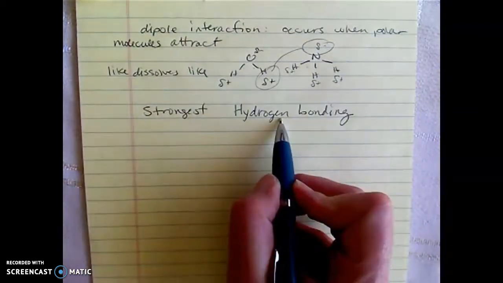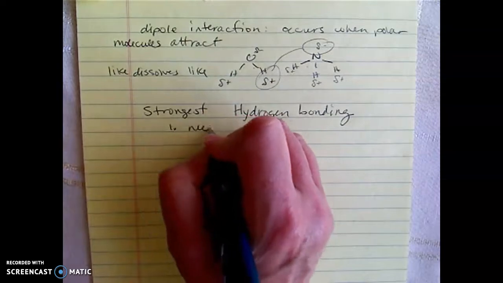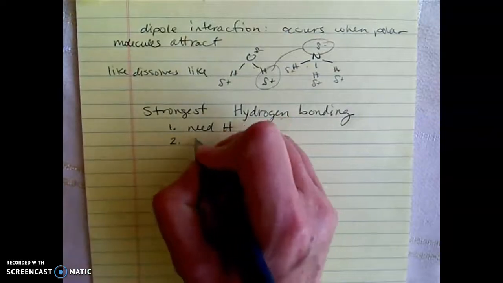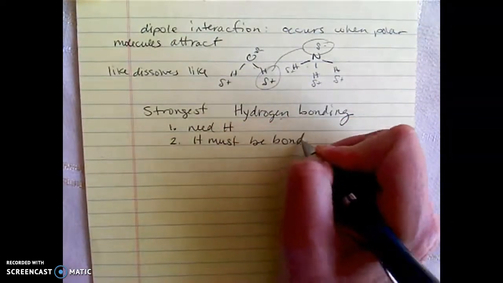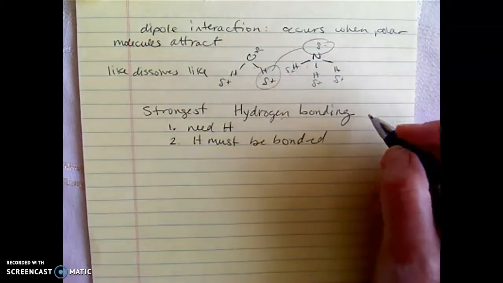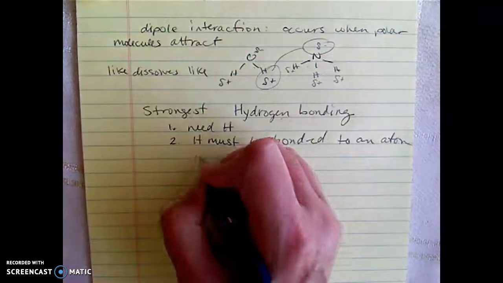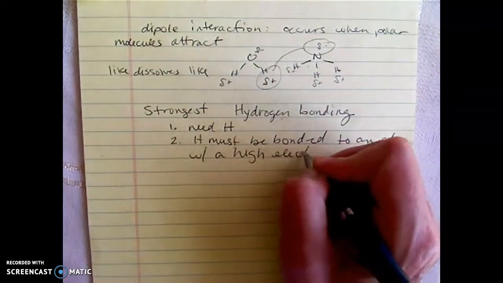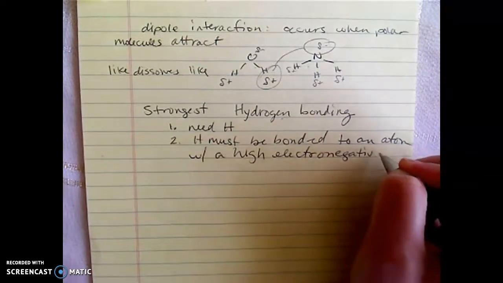Now, in order to have hydrogen bonding, you need two things. First, you need to have hydrogen. You can't have hydrogen bonding unless the molecule has hydrogen. The second, hydrogen must be bonded to an atom that has a very high electronegativity. Remember, electronegativity measures the atom's ability to attract electrons in a shared pair.